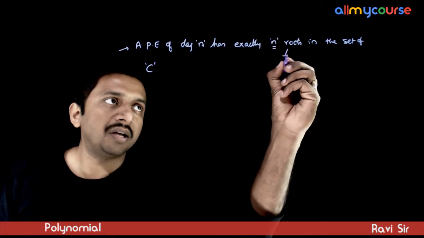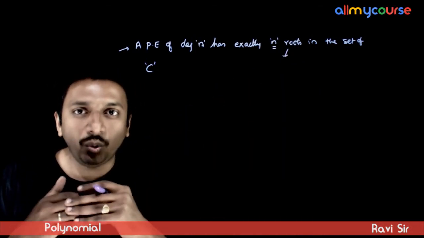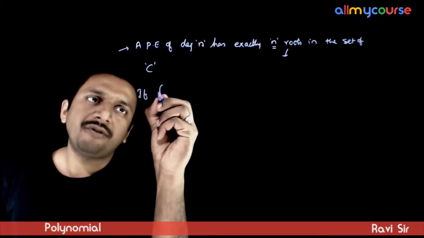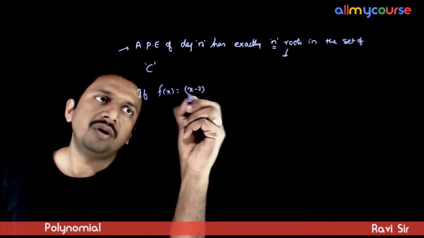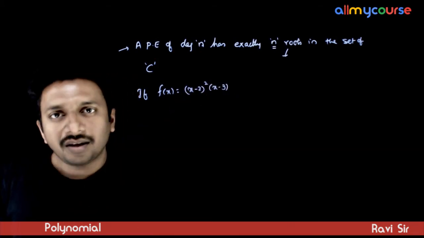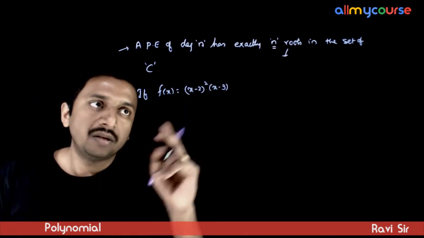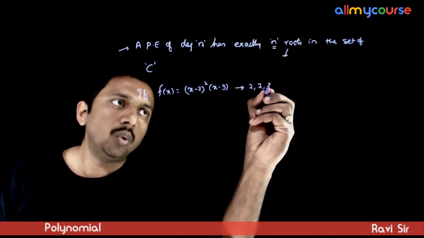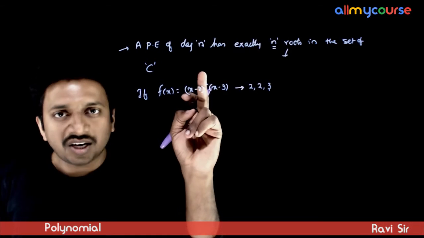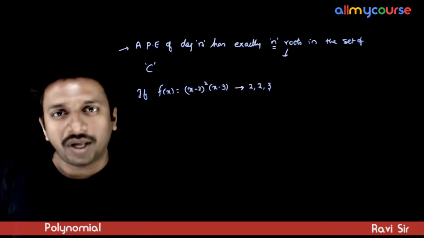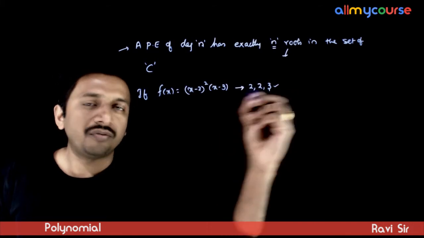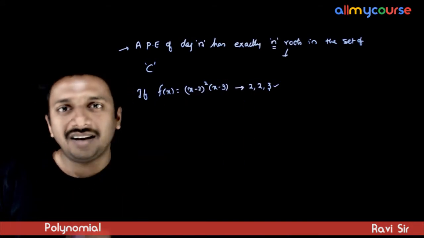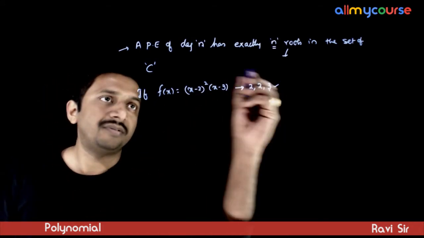When I talk about roots, a root of multiplicity 2 has to be taken as 2 different roots. That is, if f of x is equal to (x minus 2) whole square into (x minus 3), clearly we can see that this is a cubic equation. So what are the roots of this equation? The roots are 2, 2 and 3. Because 2 is a repeated root, you have to take it 2 times. So 2, 2 and 3, you have a total of 3 roots. So every polynomial of degree n has exactly n roots and no more.